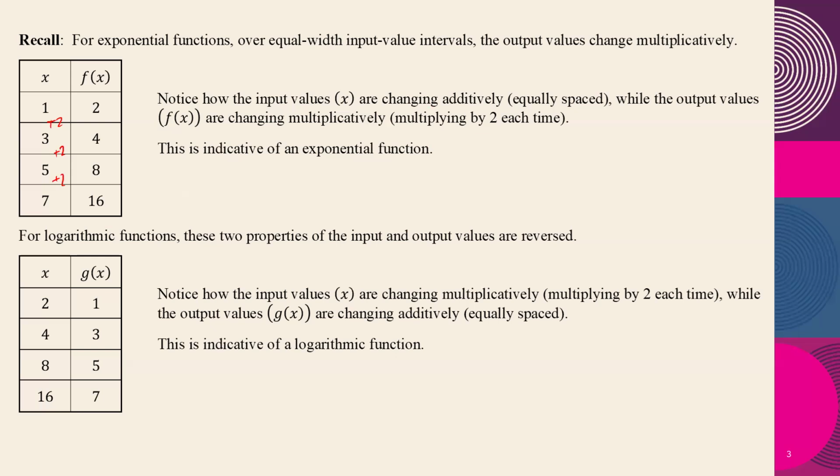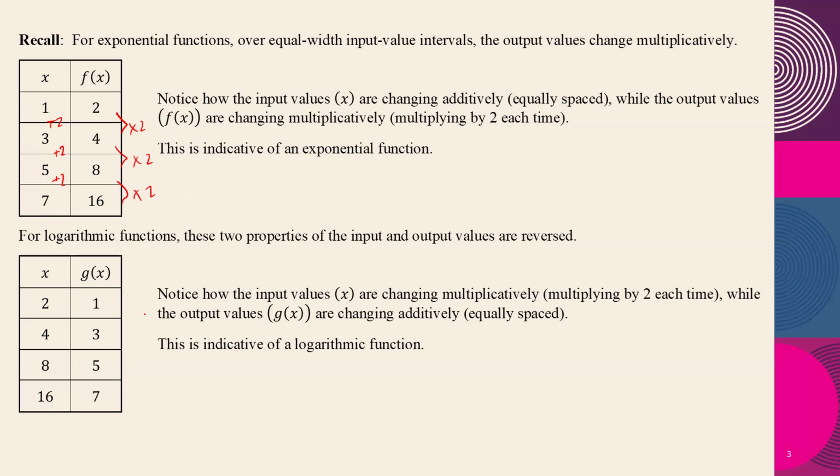There's a rate of change that's taking place. So to get from 2 to 4, we multiply by 2. To get from 4 to 8, we multiply by 2. To get from 8 to 16, we multiply by 2. This is what makes it an exponential function model. Do you remember that? When we went through linear, quadratic, and exponential, okay?